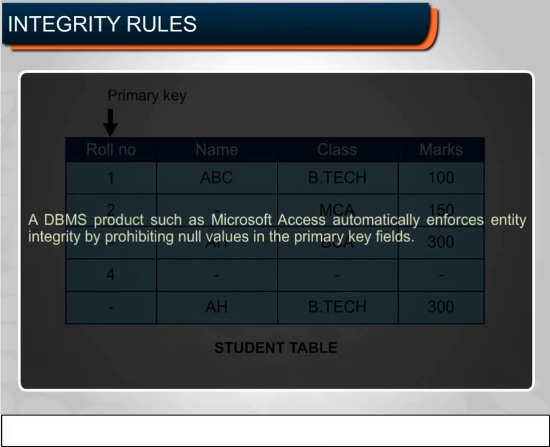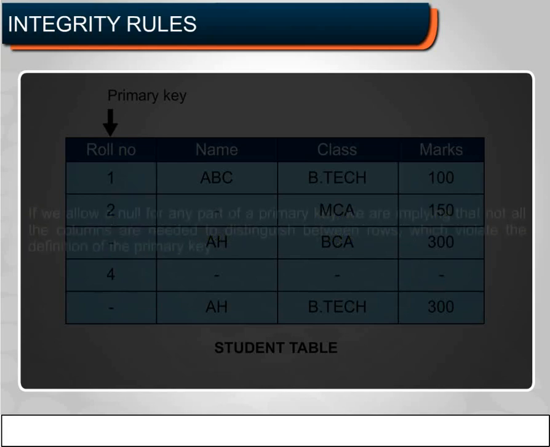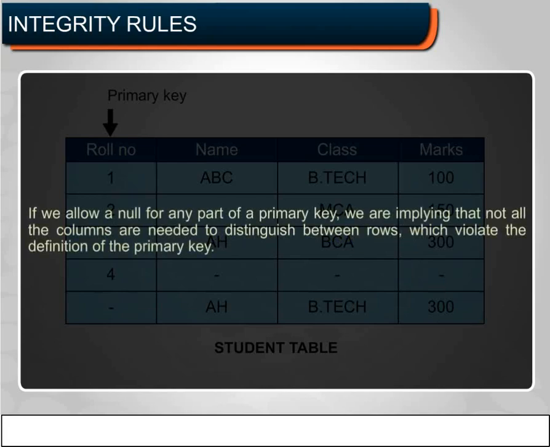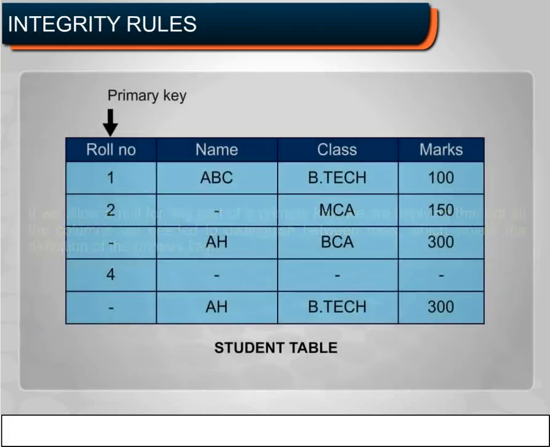A DBMS product such as Microsoft Access automatically enforces entity integrity by prohibiting null values in the primary key fields. If we allow a null for any part of a primary key, we are implying that not all the columns are needed to distinguish between rows, which violates the definition of the primary key.